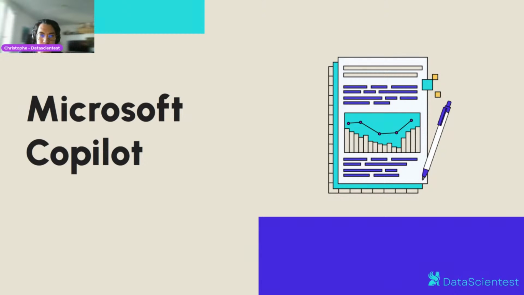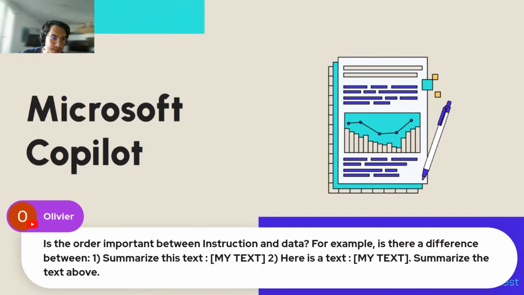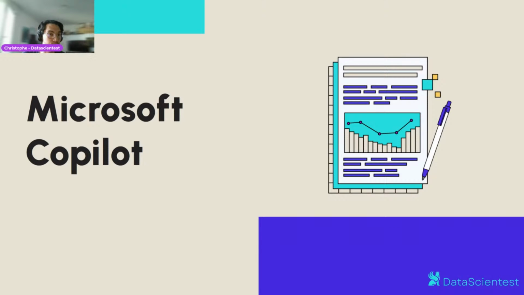I'm just going to answer a quick question. So Olivier asked if the order between instruction and data was important. For example, is there a difference between "summarize this text" and "here is my text"? I would say no, unless you have several data to provide.